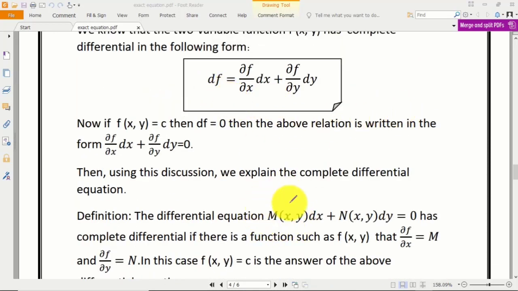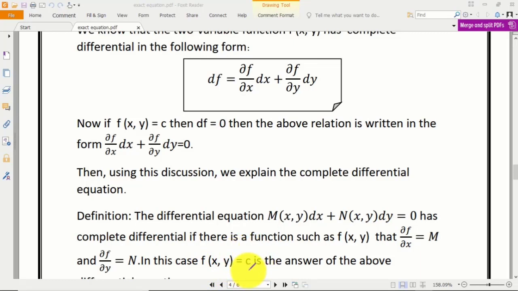By equating M, the coefficient of dx, with partial f derivative with respect to x, and also equating N, the coefficient of dy, with partial f derivative with respect to y, we're going to get a function like f, and as I told you, it will be equal to a constant value.